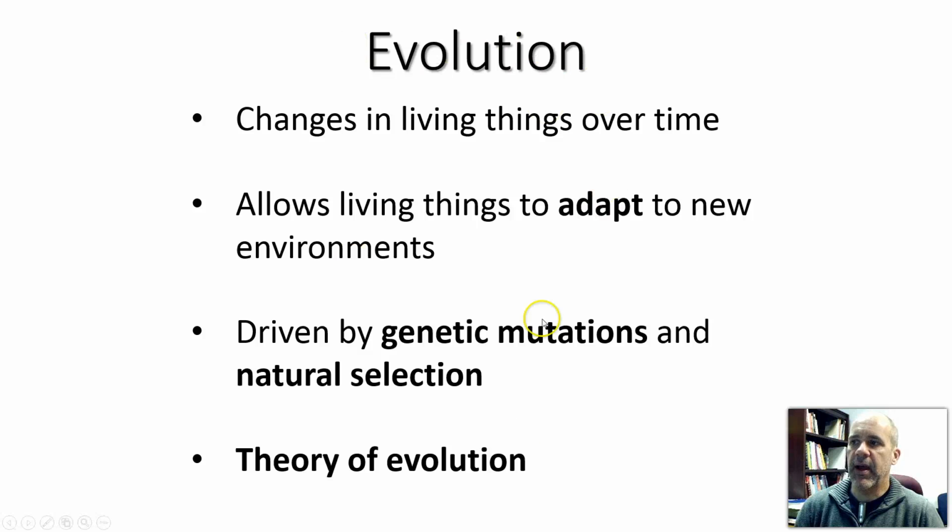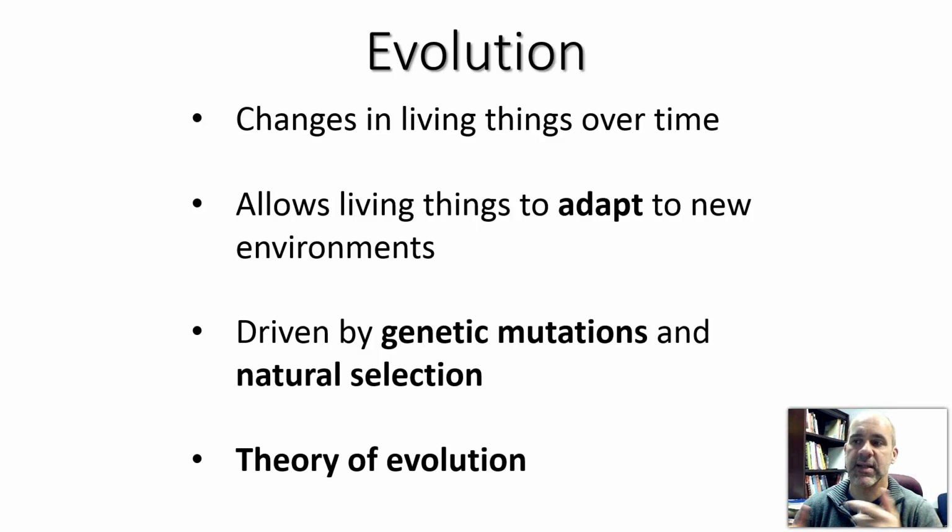All right, the process of evolution, the overall idea behind that, is called the theory of evolution. I don't want to get into an argument about the word theory in our class. I do want to mention it, because a lot of times people who have problems accepting the theory of evolution, often for religious reasons, will point out, well, evolution is just a theory.